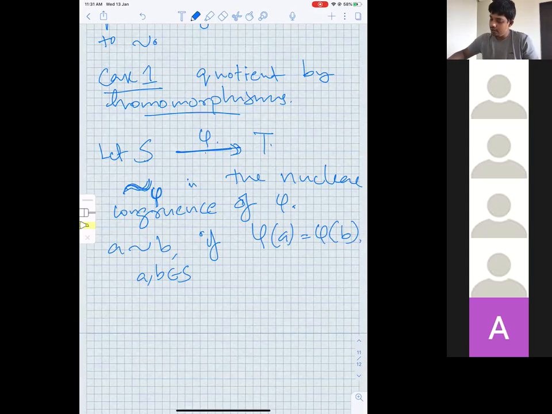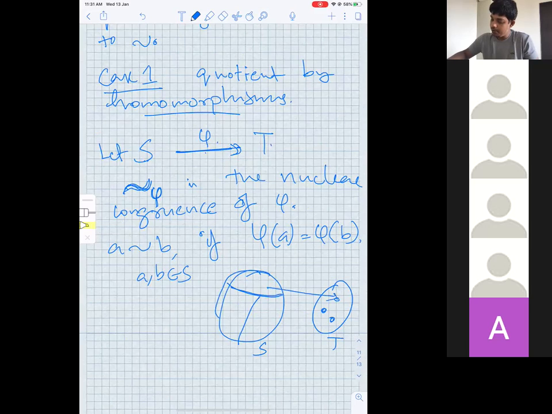What is going on here? This is S, this is T. Imagine T has only 3 elements. Now I can partition the set of elements of S into 3 sections.